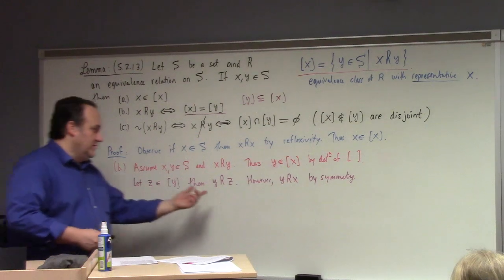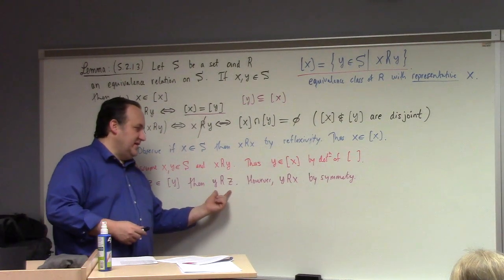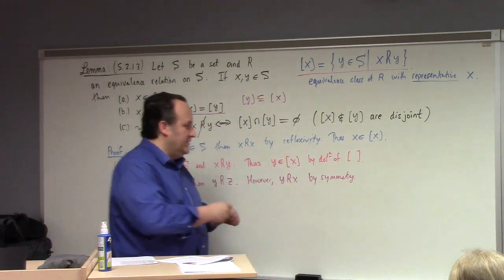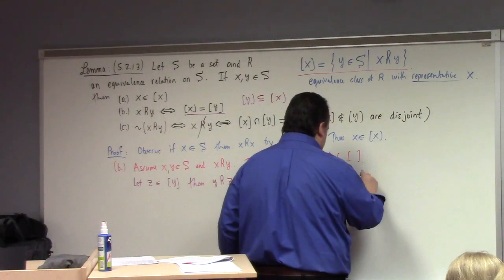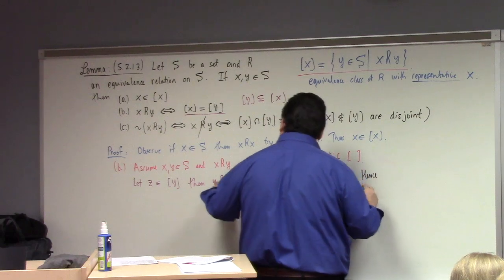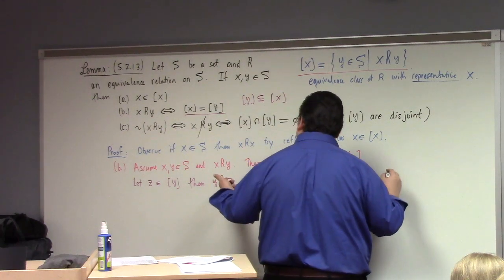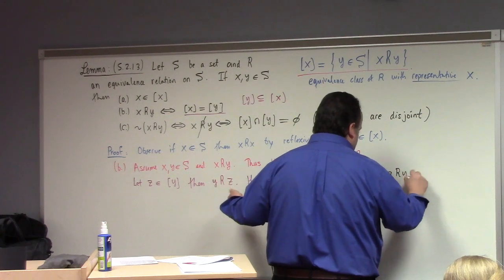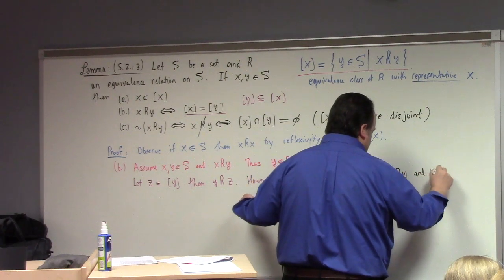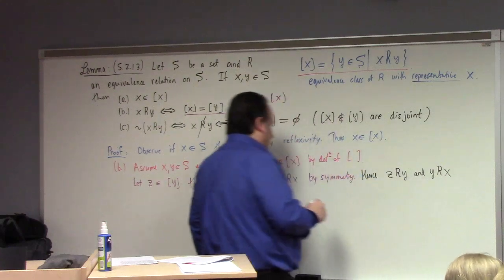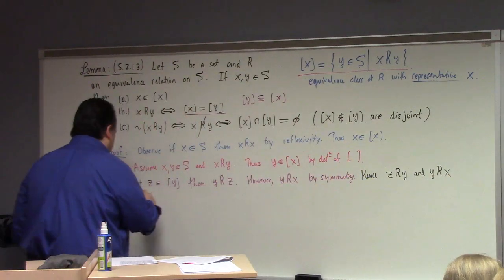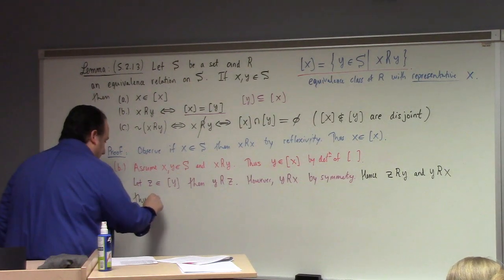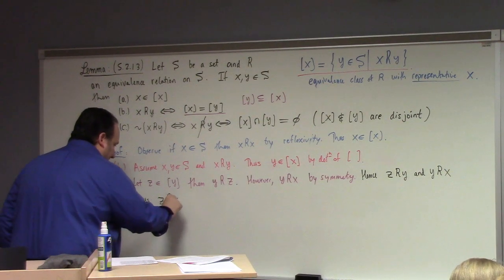But okay, so then what? We have y is related to z, and so we can reformulate this. Hence, again using symmetry, we have z is related to y, and y is related to x. Thus what? z is related to x by what? Oh, transitivity.